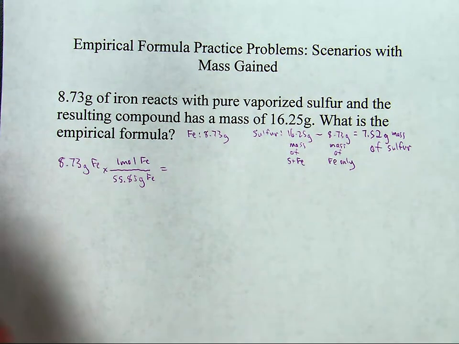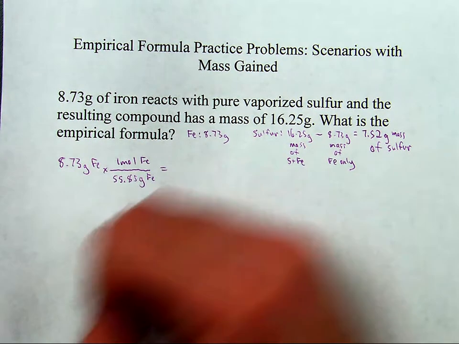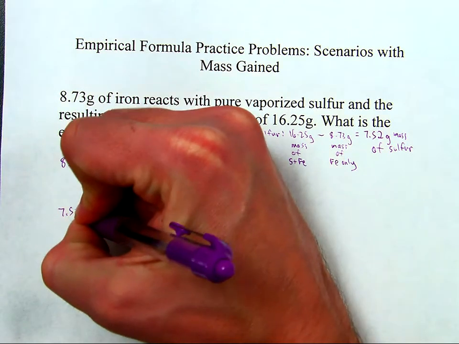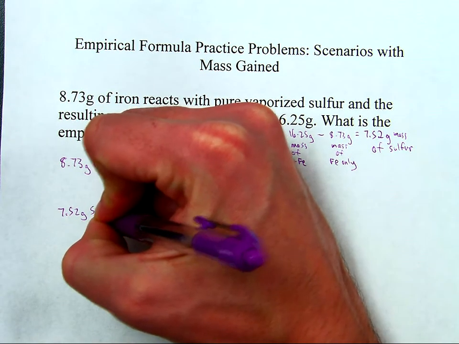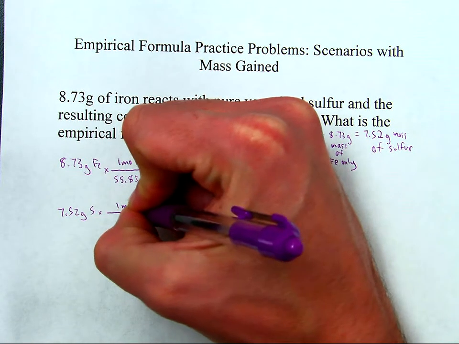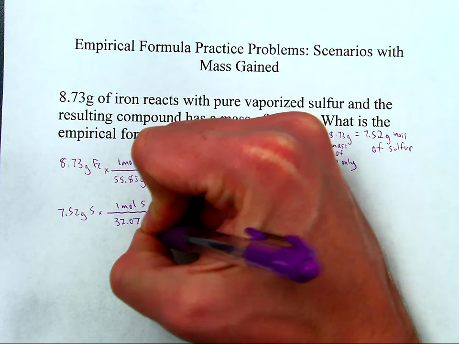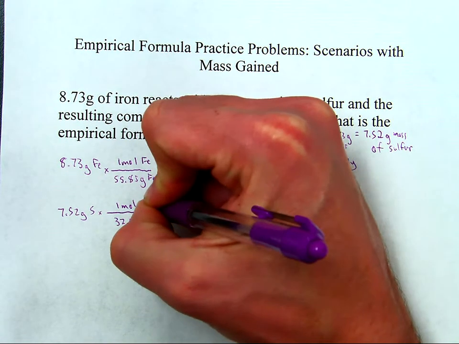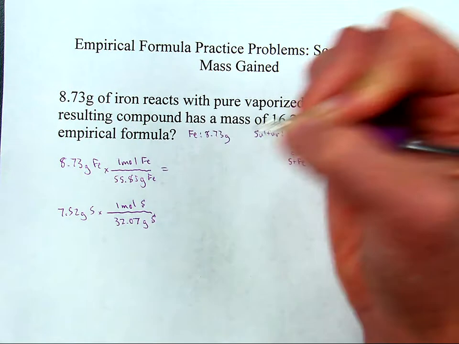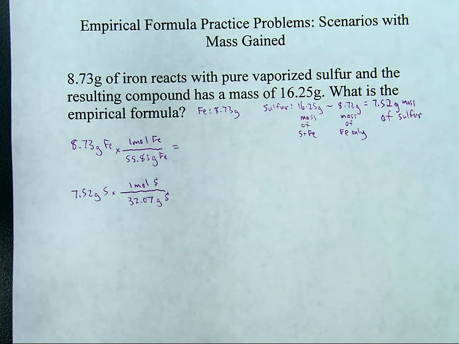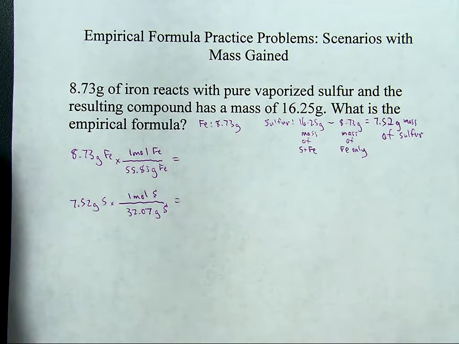And before I calculate that out, I'll set up the other one too: 7.52 grams of sulfur, and the conversion factor, 1 mole of sulfur is 32.07 grams of sulfur. I put these little things on the end of the S to make clear that's an S and not a 5. At any rate, that's the setup for converting to moles.